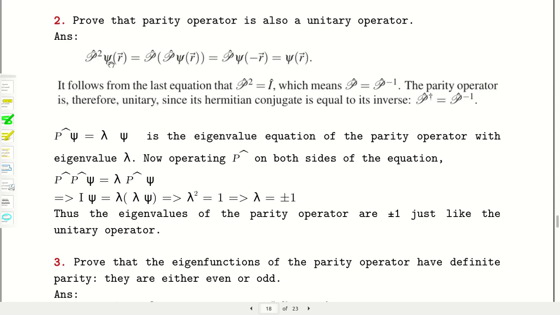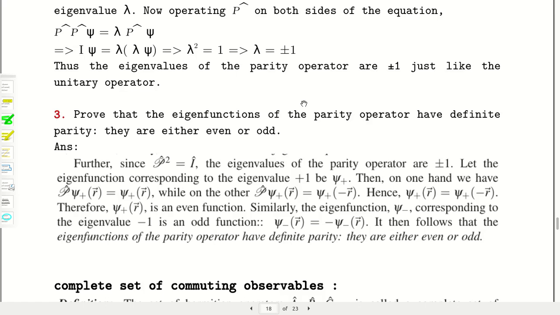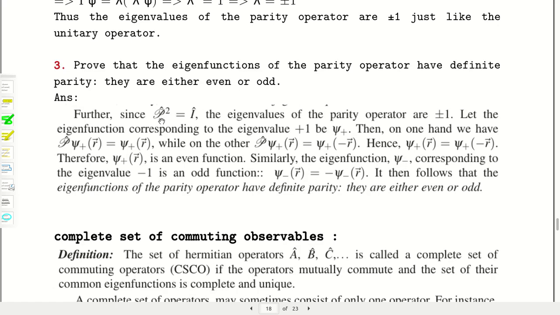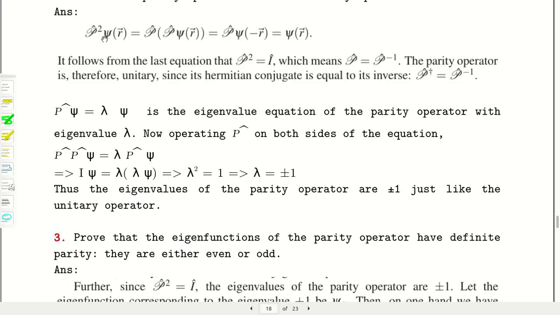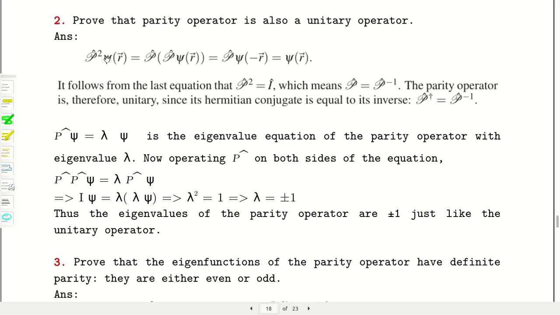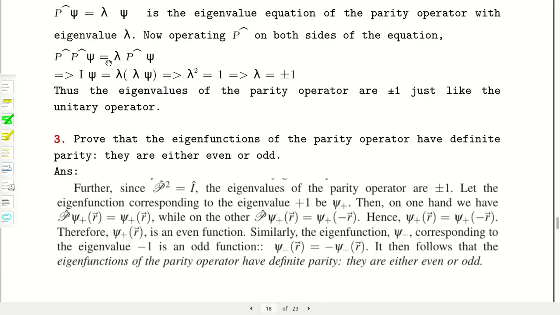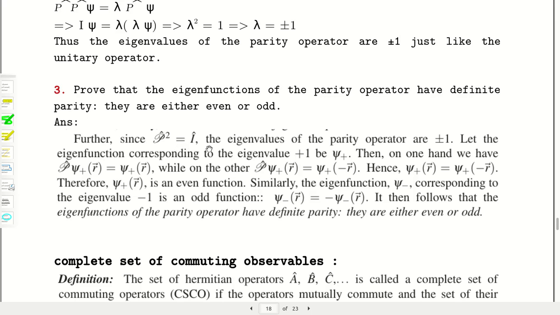So P square operating on psi r will give you psi r, that means P square is operating like just the identity operator. So P square is written as the identity operator, the unit operator, I operator.